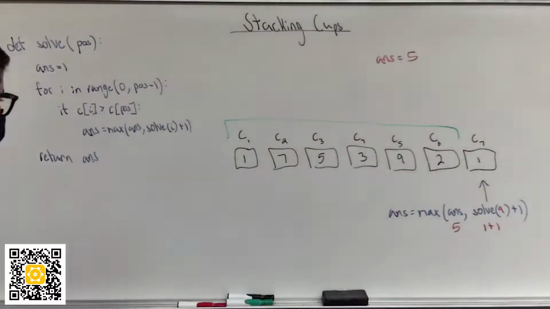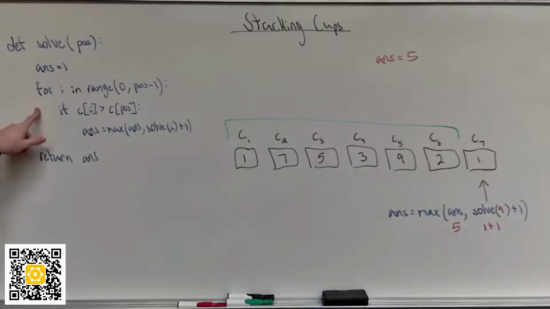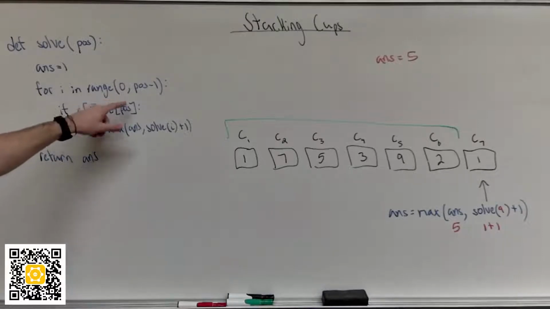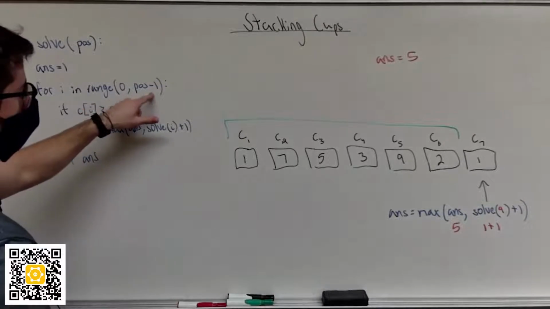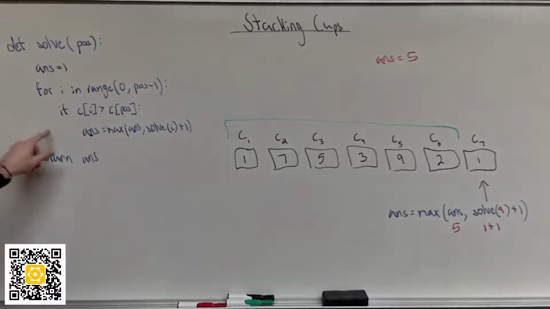Oh, well, we need a base case, no? We don't really need a base case. So then when do you stop calling? When does solve stop calling itself? At 1, 0 to 1 minus 1, 0. This for loop would not run. It would not call solve. Right.